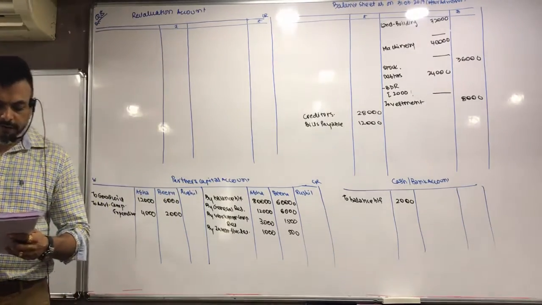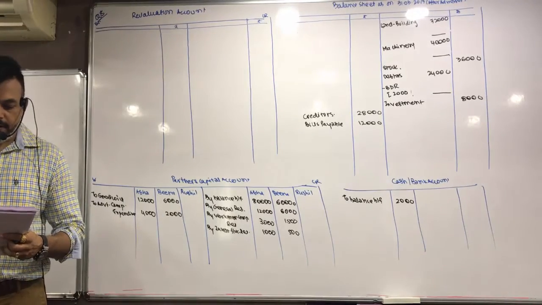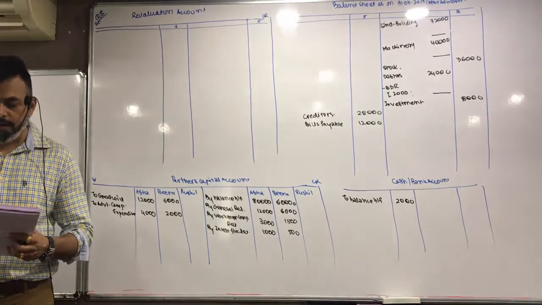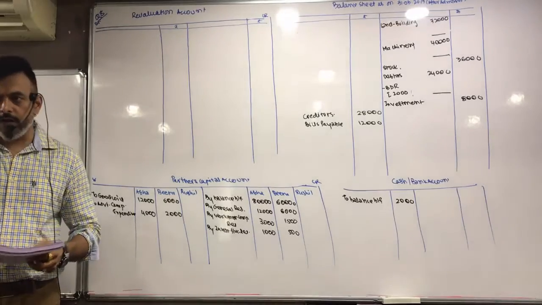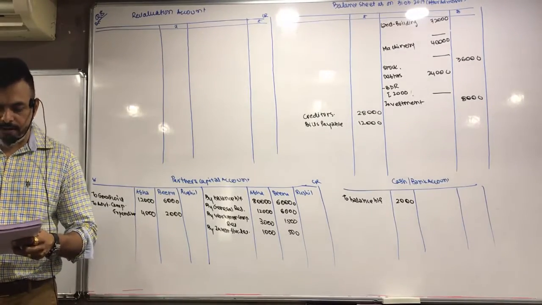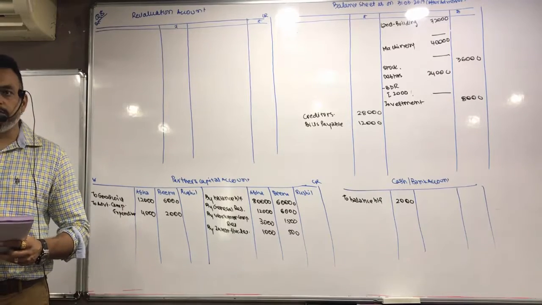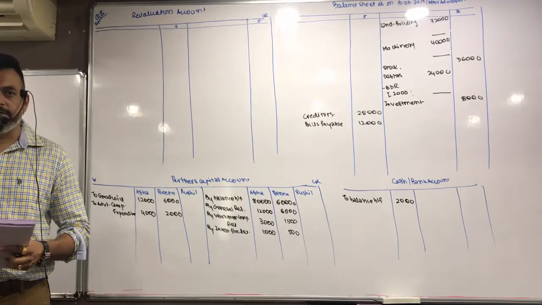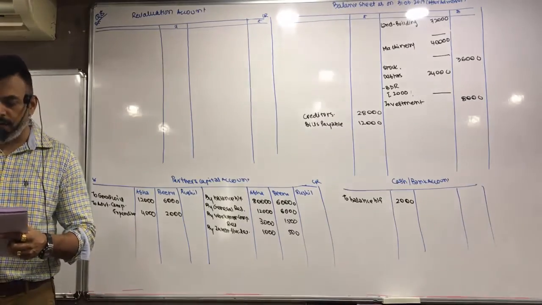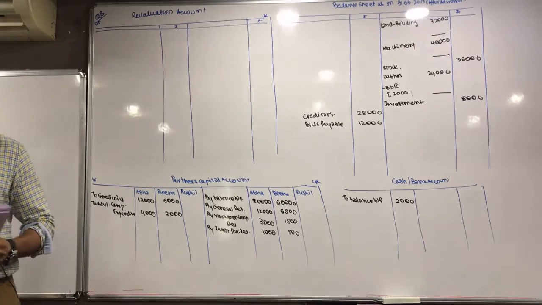Rushil will bring 1 lakh as his capital and 24,000 as goodwill in cash. What's the journal entry? Cash account debit 1,24,000, to Rushil's capital account credit 1 lakh and to premium for goodwill account credit 24,000. Write the entry.